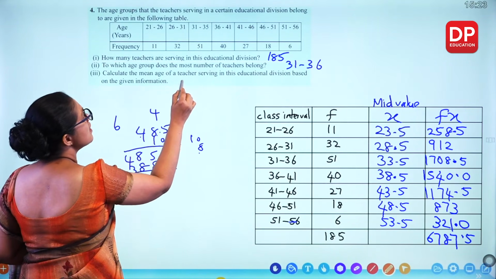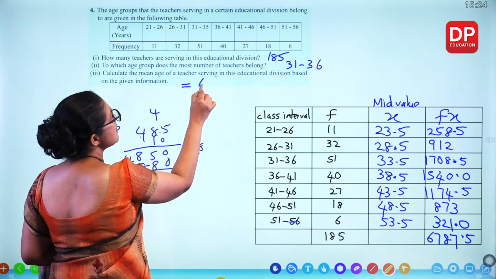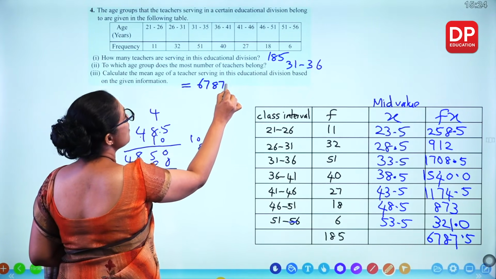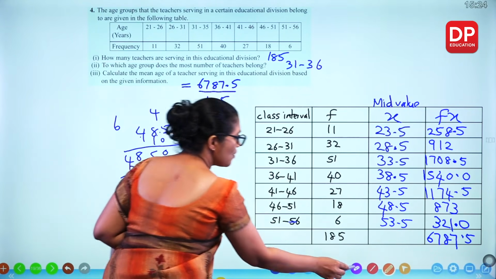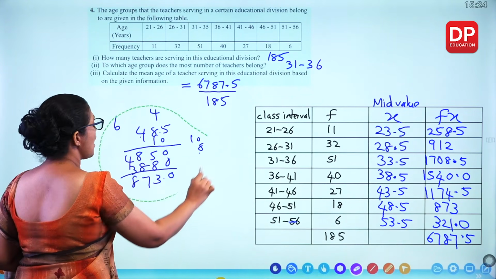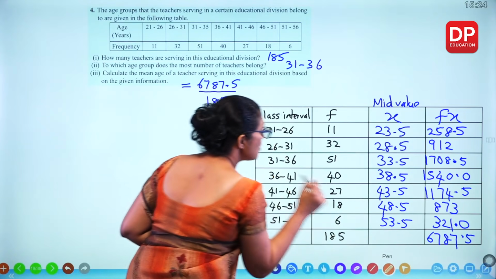Mean age. Total fx, 6787.5, divided by 185. So we'll do long division and find out the mean value.